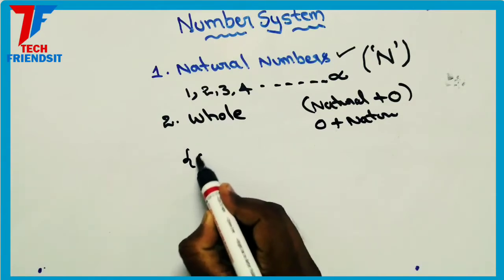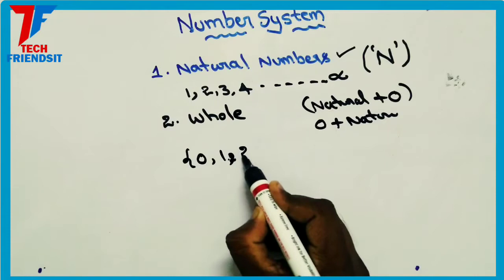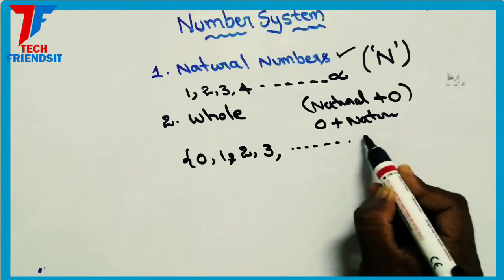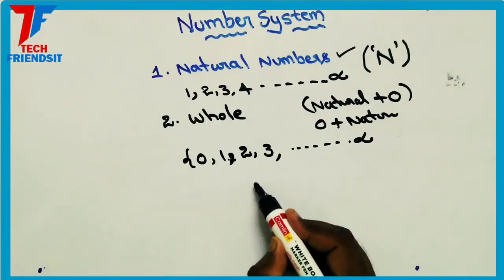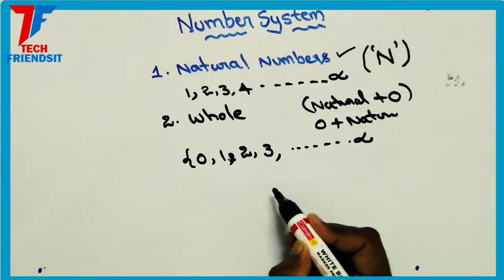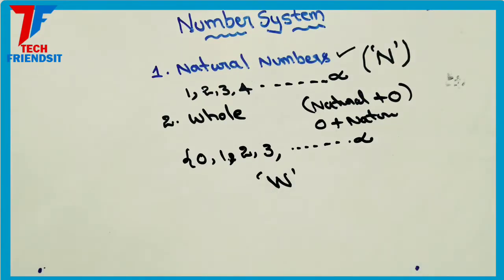What are whole numbers? 0, 1, 2, 3 and so on till infinity. So these are called whole numbers. This is denoted by the symbol W.